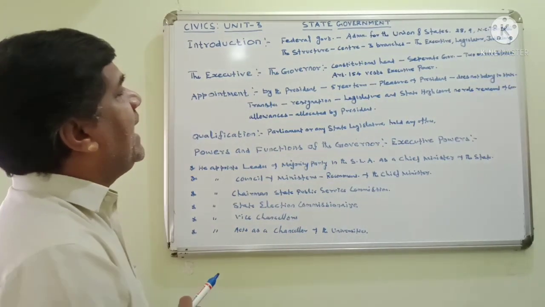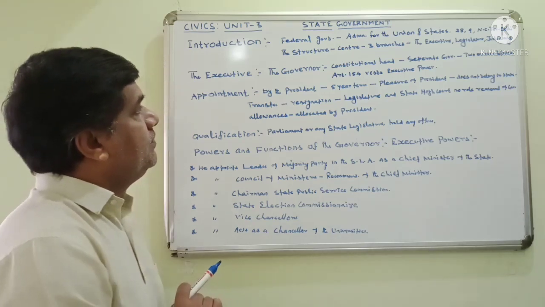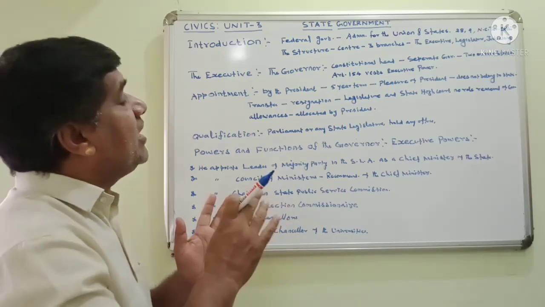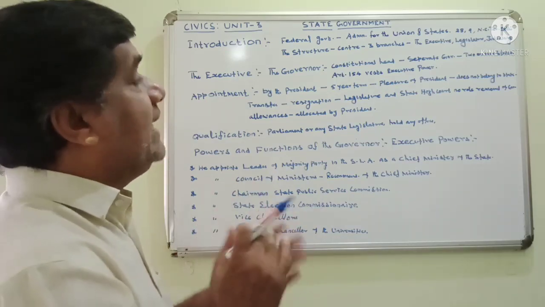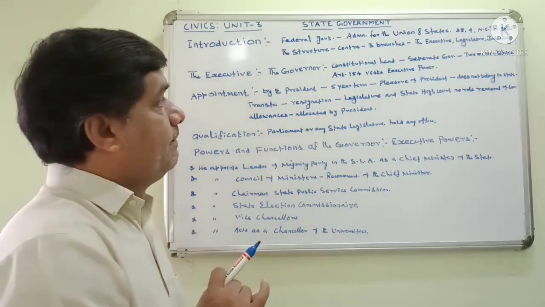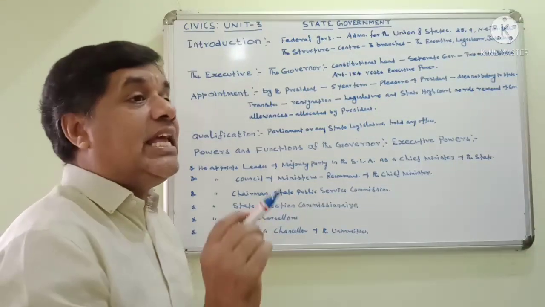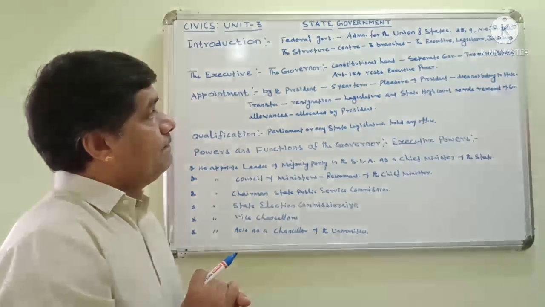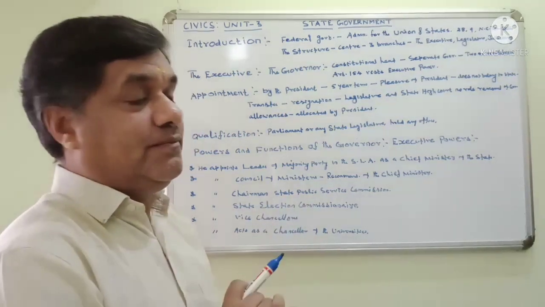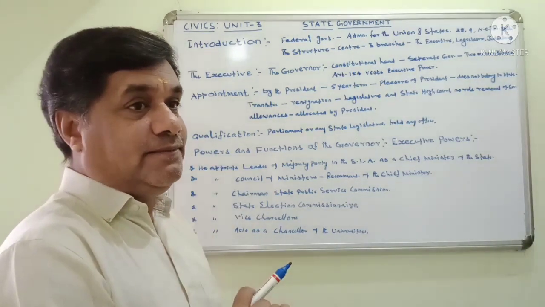The structure of the state government is different. Like in the center, there are 3 branches. One is the executive, second is the legislature, and third is the judiciary.